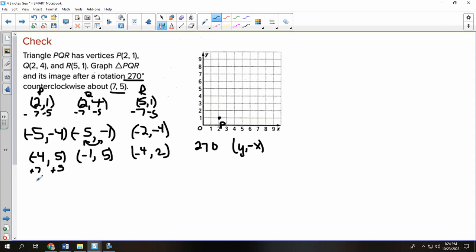Its new point is going to be at 3, 10. And then when we add 7 and add 5 to this, we get 6, 10. So our new Q prime is going to be at 6, 10.